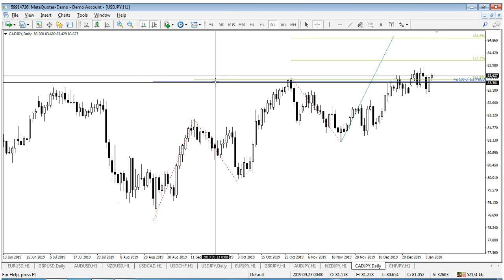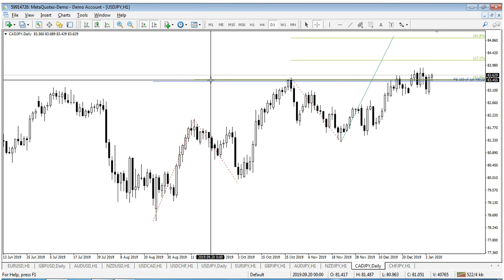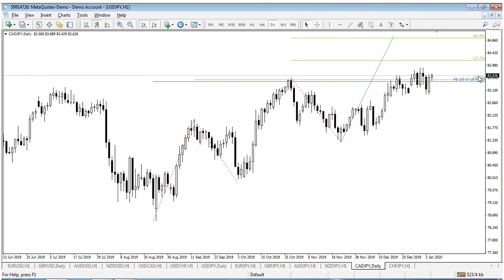You see this line? This is the red line. Here you can see that I have mentioned the 161.8 line. This was the line, as well as ABCD 100%. So the first and second drive are equal to each other.